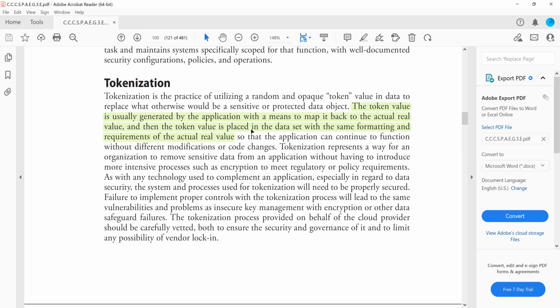Then the token value is placed in the data set with the same formatting and requirements of the real data. Here, when he said tokenization is the practice of utilizing a random and opaque token, he does not mean that it is random so that I will not be able to retrieve it back. It means random as in any value, but it should be a value which can be retrieved. You get the point here?